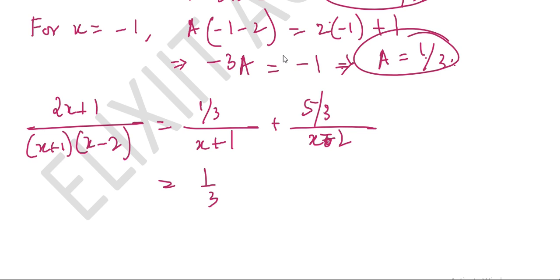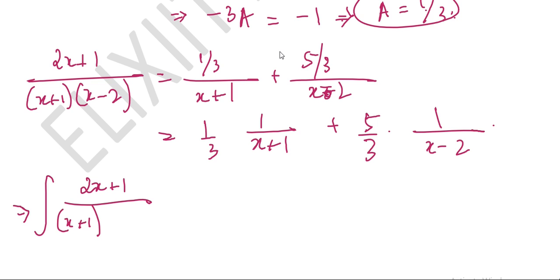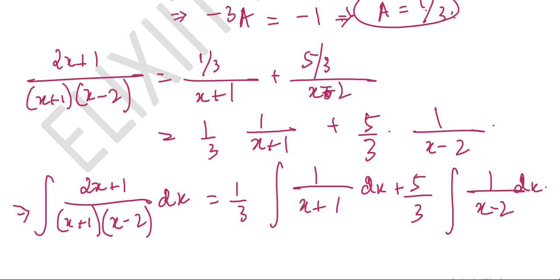So 1 by 3 is a constant, so 1 by 3 into 1 by x plus 1, plus 5 by 3 into 1 by x minus 2. So this is integration of 2x plus 1 divided by x plus 1 into x minus 2 dx. Now this is 1 by 3 integration of 1 by x plus 1 dx plus 5 by 3 into integration of 1 by x minus 2 dx.